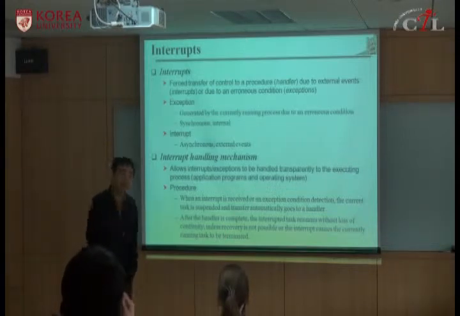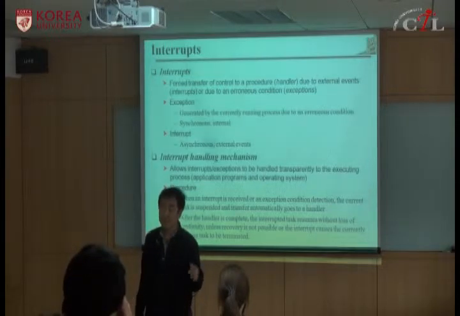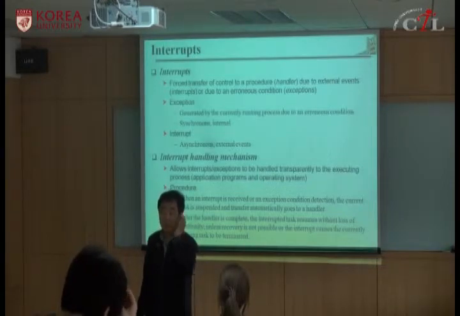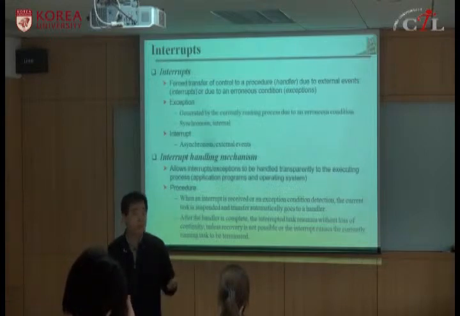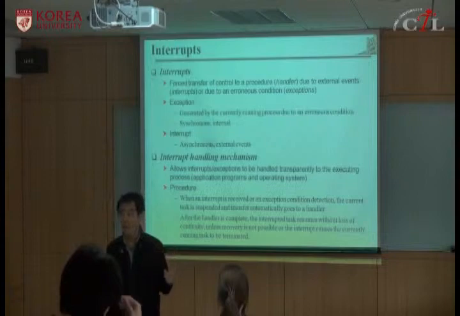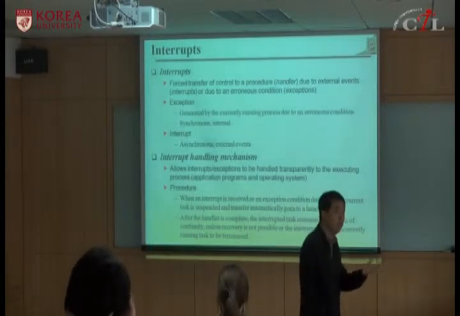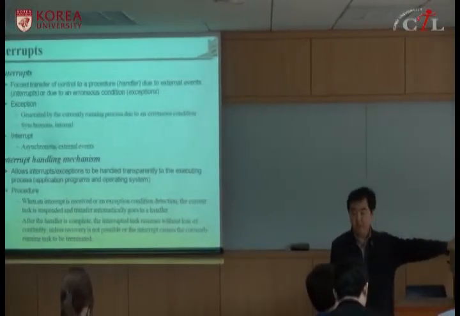If the process is trying to do some illegal operation, for example trying to write to a read-only page, by looking up the TLB you can check that this operation violates access permission. So it generates an access violation exception, and the process should be terminated. There are sometimes hardware errors, such as in the cache or bus. You have a parity error, which means there is some problem with the storage in the memory or bus.